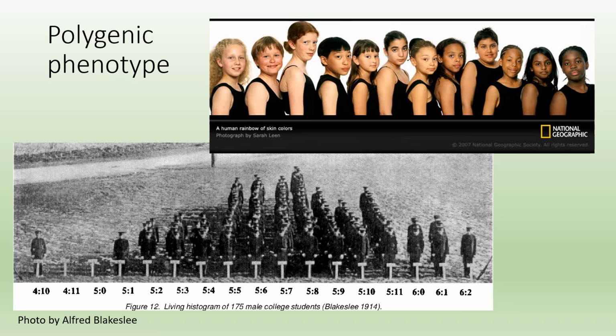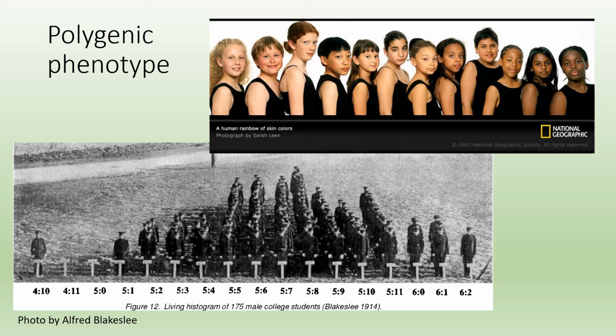And the example here shows you these male college students from 1914 who ranged in height from 4'10", I'm sure he got teased about that, poor kid, all the way up to 6'2". That's a huge difference. But if you notice, when they line them up like this, the shape is almost like a bell. Most of the guys are in the middle, between, let's say, 5'5" and 5'11".